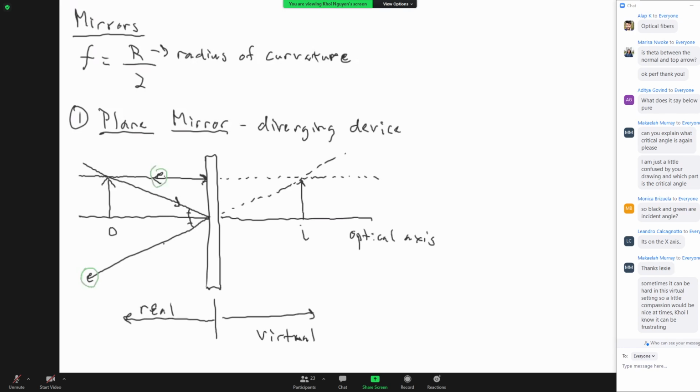So for optical devices, anything where the real rays would have intersected is considered real. And the reflected rays that we have from a plane mirror never intersect, so we'll never have a real image. So we have to extrapolate it back, and that's why you see an image of yourself some equal distance that you are from the front. And that image, you'll never be able to reach behind the mirror and get it. So that's why it's considered virtual. Does that make sense for real versus virtual?